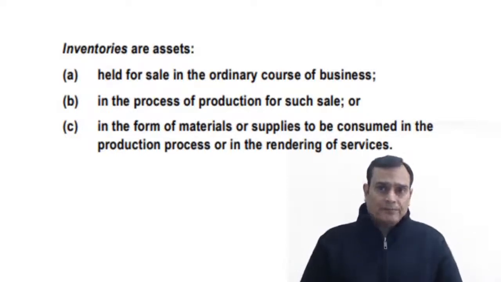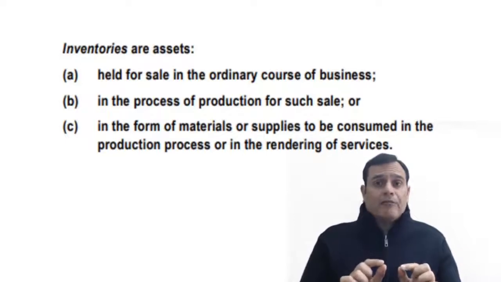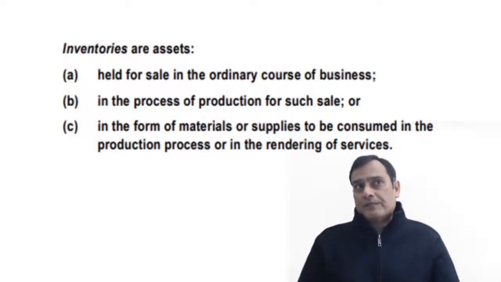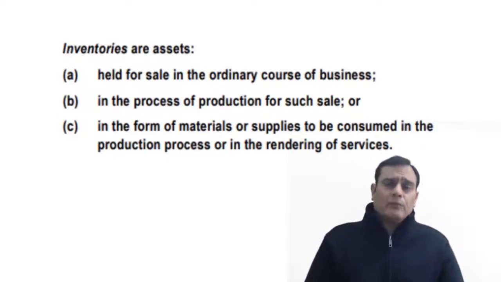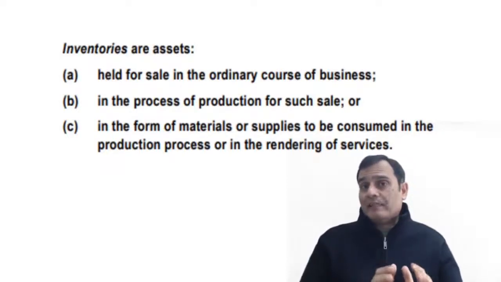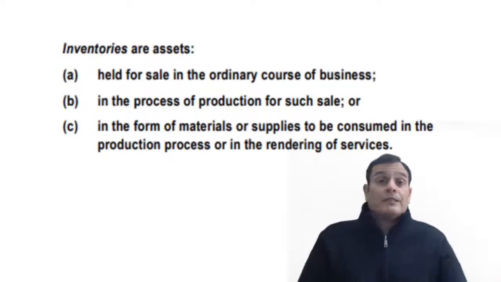And then finally, clause C says, in the form of material or supplies to be consumed in the production process or in the rendering of services. Typically speaking, I would say it's raw material. And it would also include packing material, provided it is a primary packing in nature. Because there are two kinds of packing.